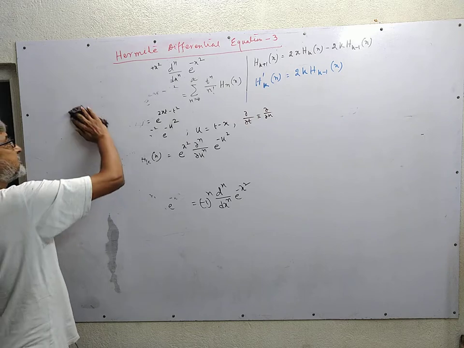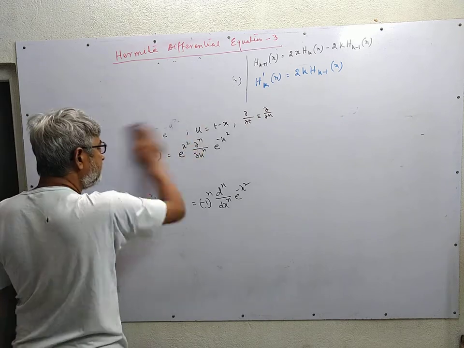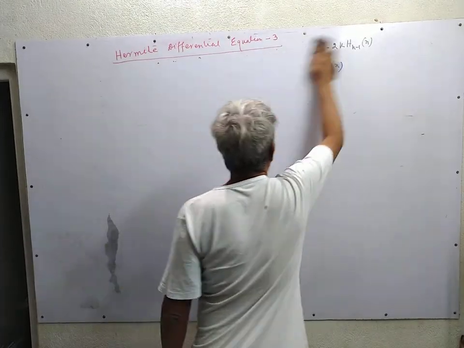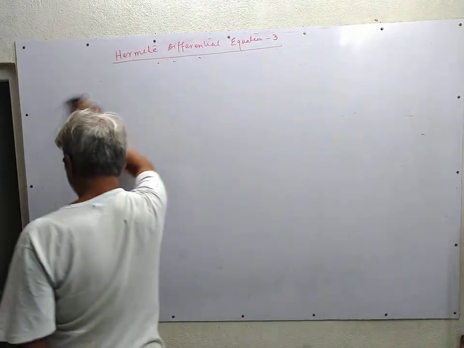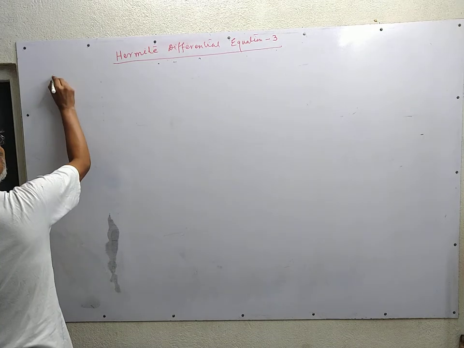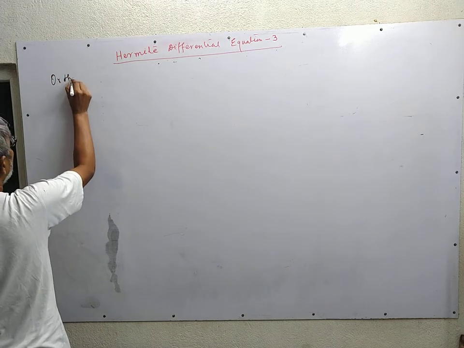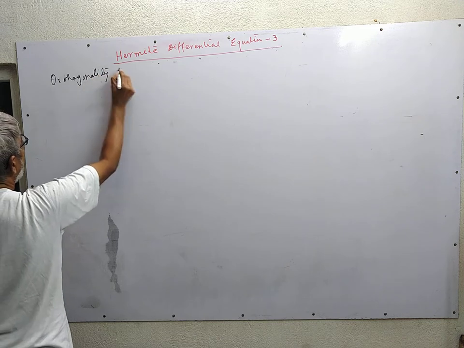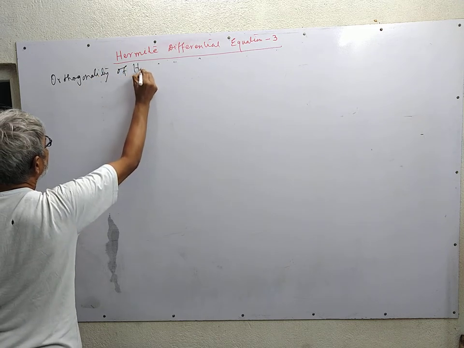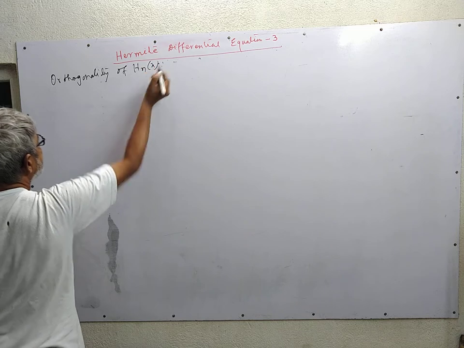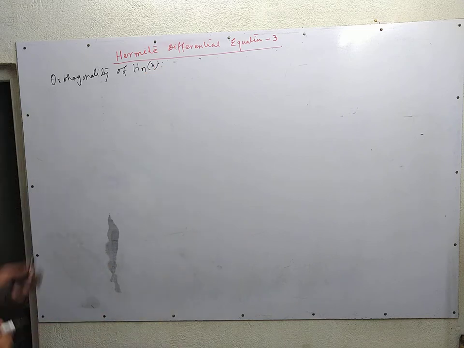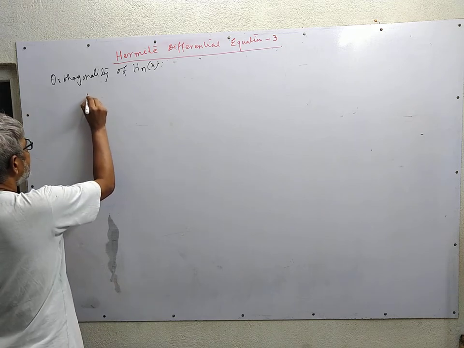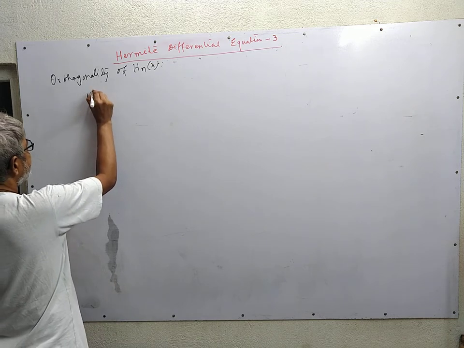So we are starting our discussion on the orthogonality property of Hermite polynomials. Orthogonality of Hn of x. Let us consider the Hermite polynomial of order m, which satisfies the differential equation.